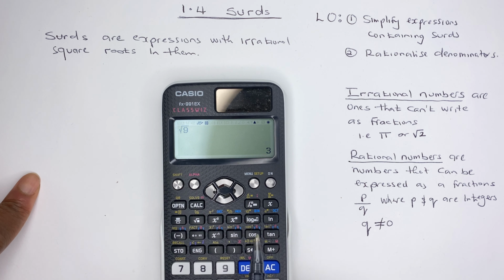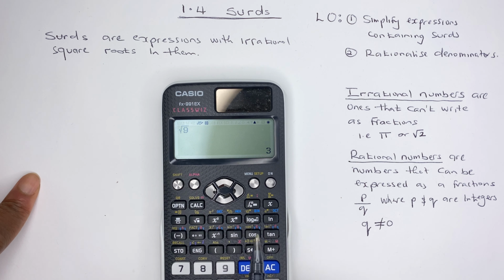So root of 2 itself is the exact value, but the decimal part is not exact because you can just round it to some value. So this part here is not exact, but that part is exact.